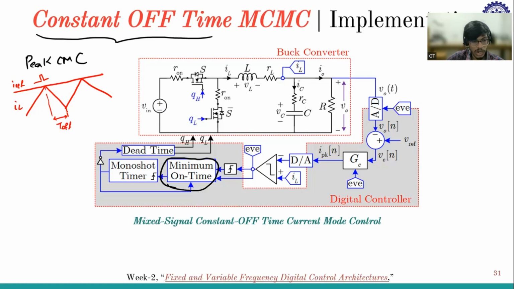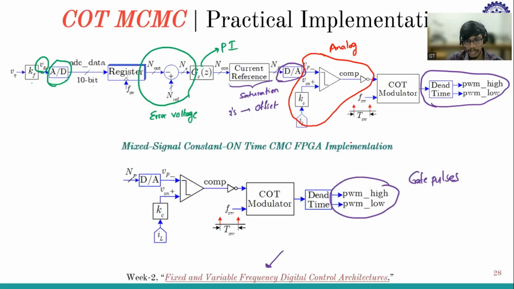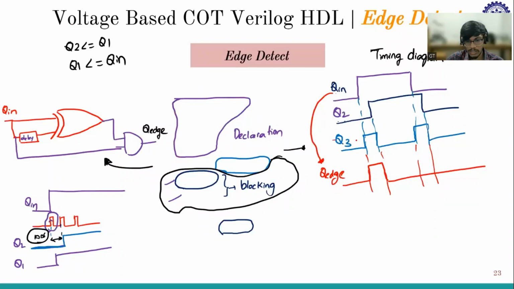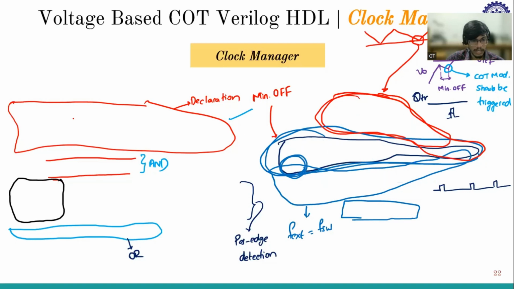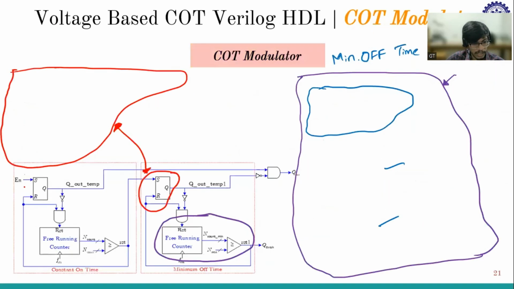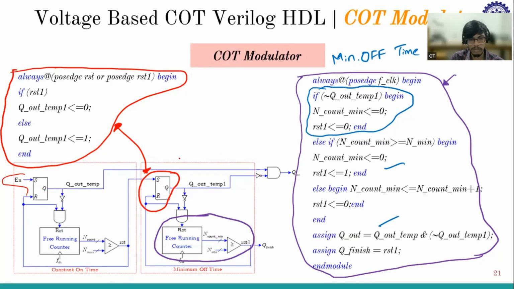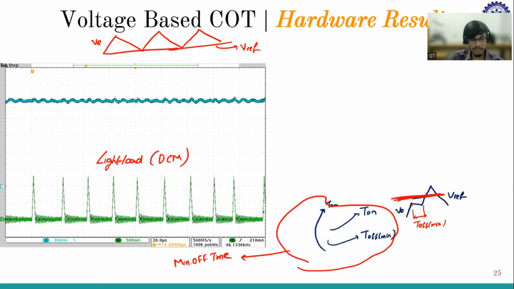Now it has to turn off for a fixed amount of time. So how will it know? It will trigger this event. This is the compared output of the comparator. In a similar way to the voltage mode control, the positive edge is observed and it went to the enable. This enable will trigger the constant on time in the case of constant on time, and the constant off time in the case of constant off time. So that's why we need that information.